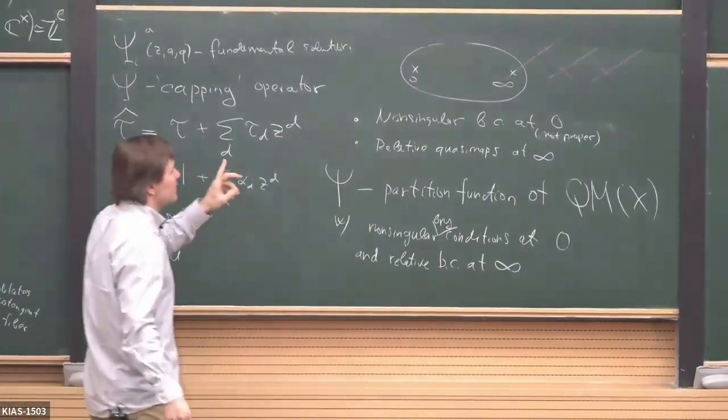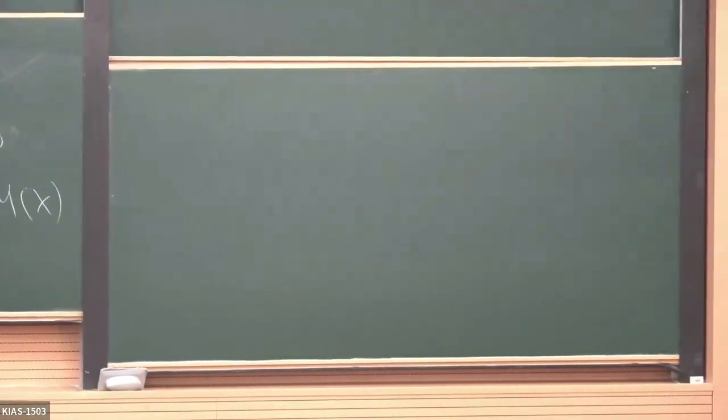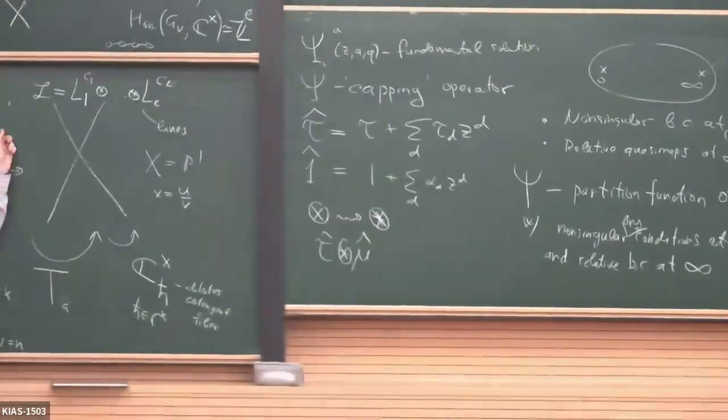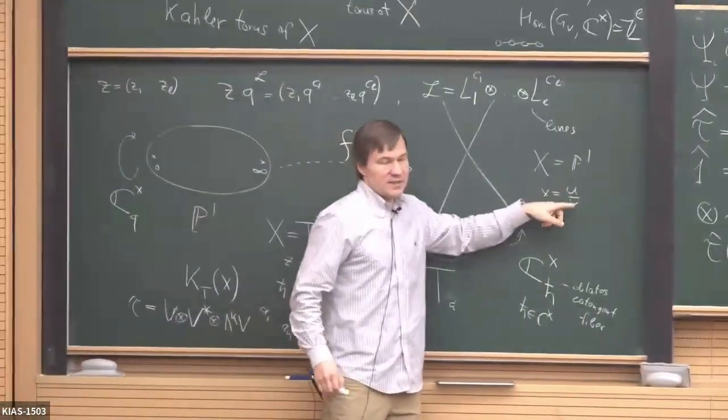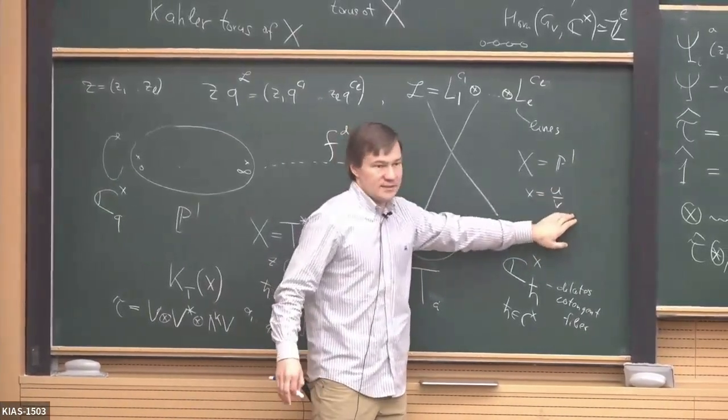Let me give an example. What does this mean? Let's say X is just P1. It's not a quiver variety, but it will do for the example. The Riemann sphere, you can write it in uniform coordinates as the ratio of projective coordinates U and V, and each of those U and V is a polynomial of degree d. If the roots of those polynomials are different, you're going to have degree d here, degree d here, and degree d there.